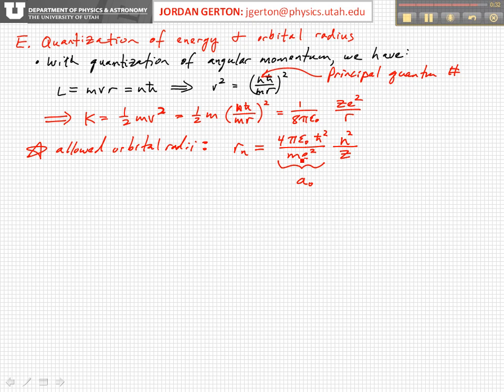The mass of an electron, the charge of an electron, h bar, epsilon naught, 4 pi. So this is just a constant, and we call that a naught, or the Bohr radius. And so what we have is that the allowed orbital radii are equal to the Bohr radius times n squared over Z. So again, this is the Bohr radius.